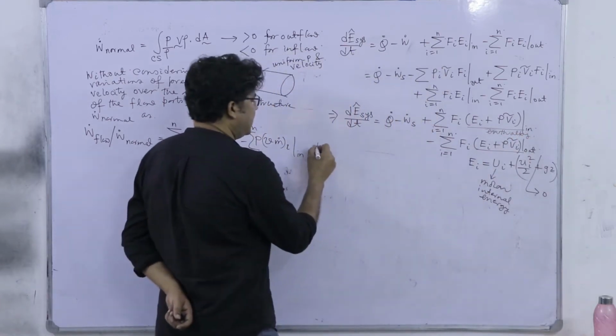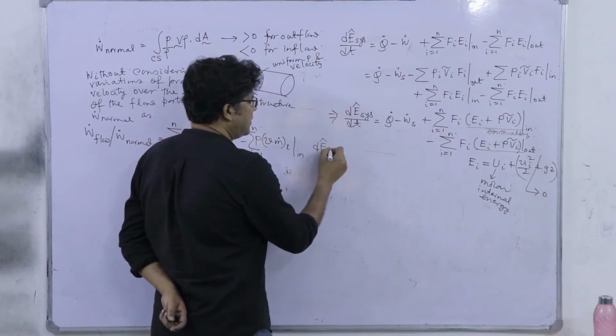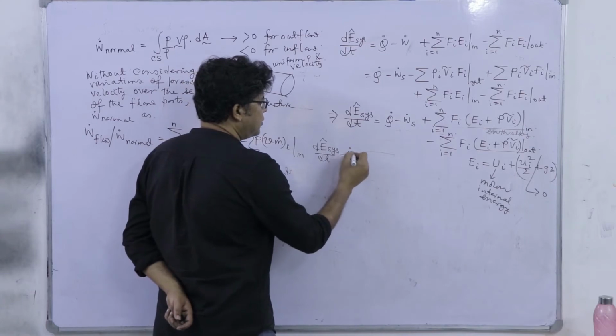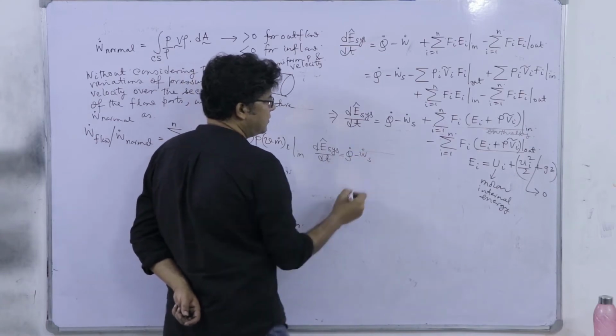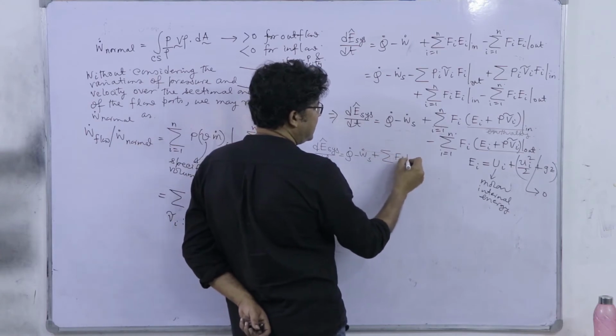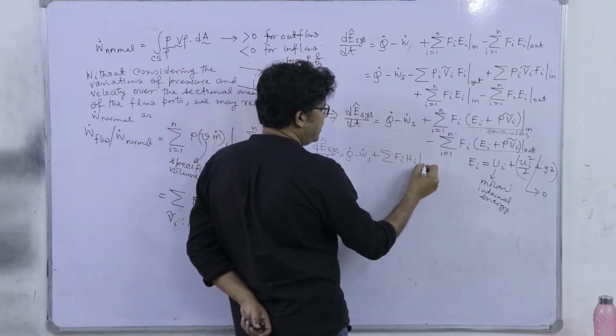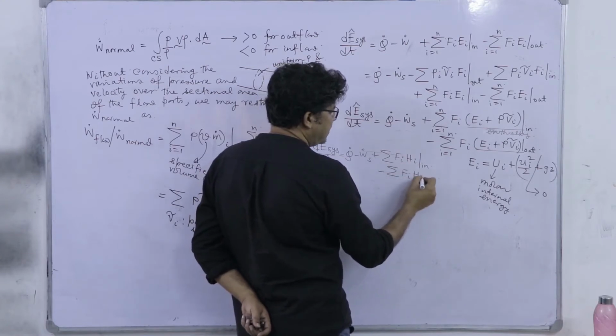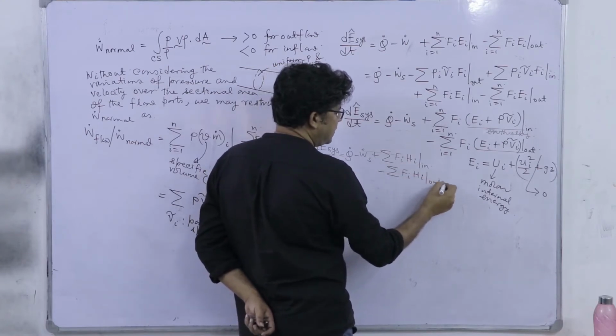So we can write that d system dt is equal to q dot minus w dot s plus the summation of Fi Hi in minus Fi Hi out.